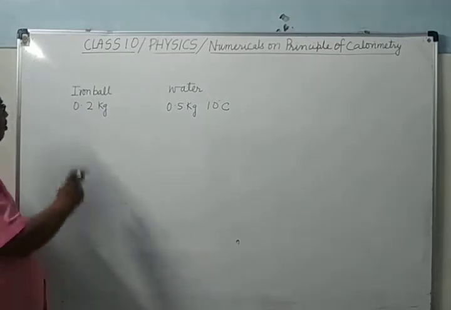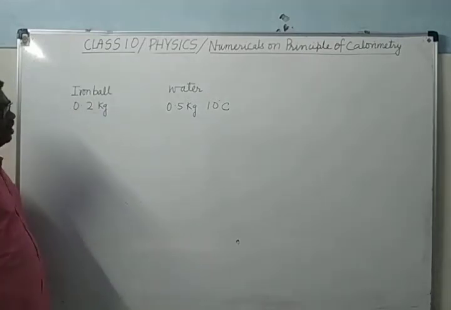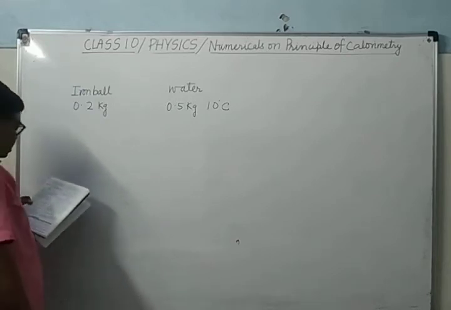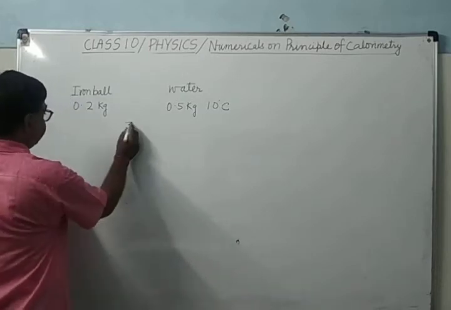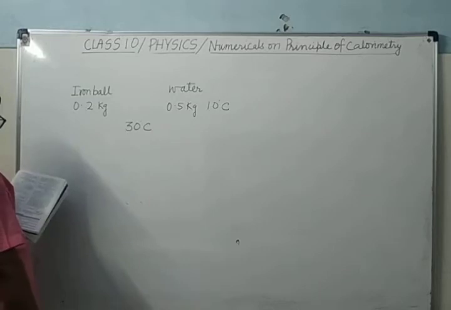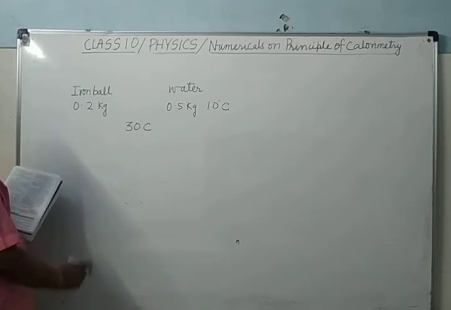This hot iron ball of mass 0.2 kg is added into water which is 0.5 kg and temperature 10 degrees Celsius. The resulting temperature is given as 30 degrees Celsius. Calculate the temperature of the hot iron ball.